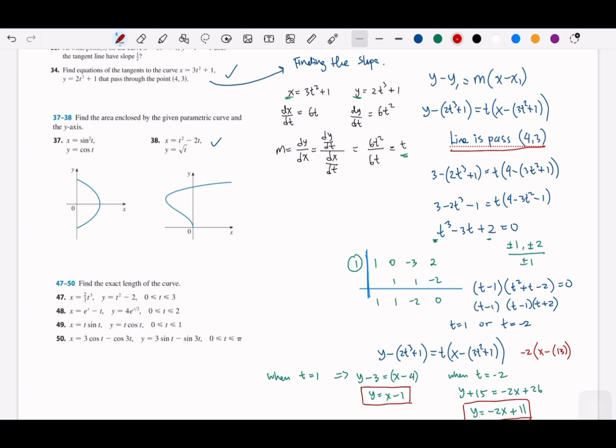Every time you get a polynomial, it is really helpful if you remember synthetic division, especially if you have a cube or a power of 4. Then you can try trial and error. For example, here is t cubed with only one coefficient, 1, and the last part, the constant, is 2. So we only look at the last and the first for the synthetic rule: 2 divided by 1.